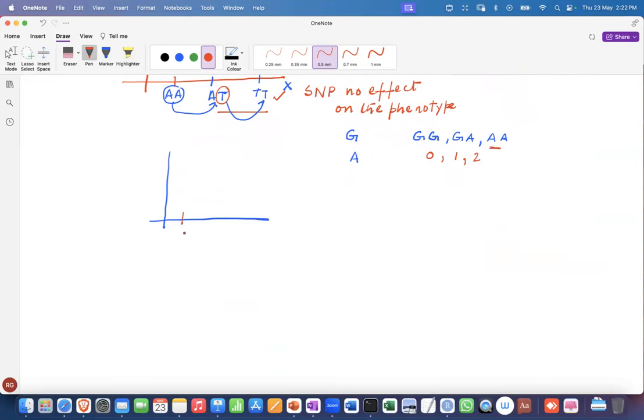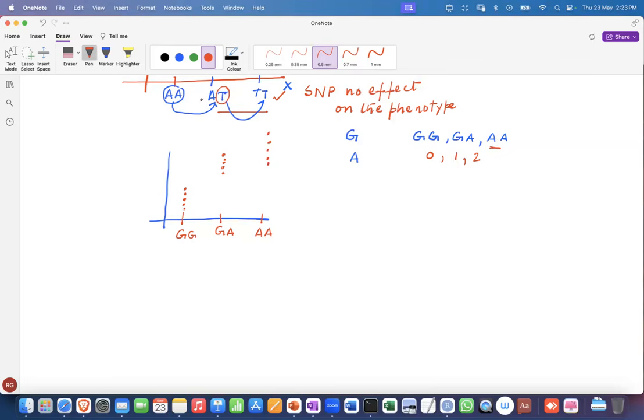Similarly, we'll plot a graph. Let us say this is GG, this is GA, and this is AA. Now what shall we do? Let us say for this particular SNP, for the individuals you are measuring, you have something like this, and here you have individuals like this, and here you have individuals like this. Is that clear?